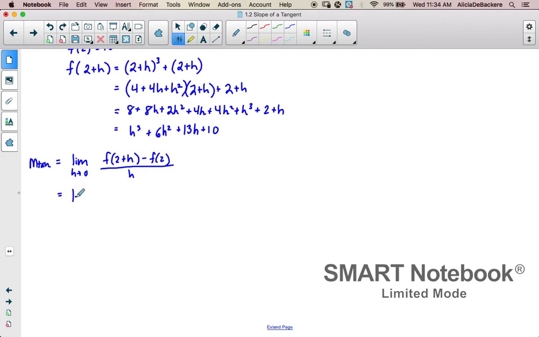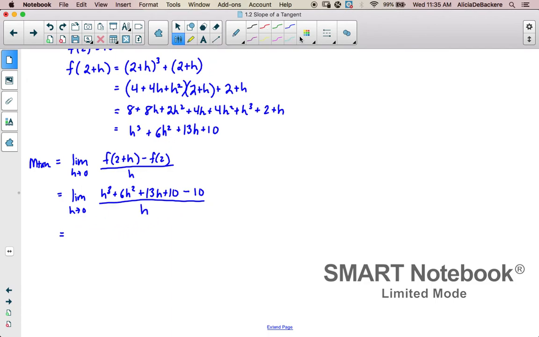All right, so again, I can't plug in h equal to 0 yet. I can't take the limit yet. So I'm going to substitute in all my expressions, and then I'm going to try and simplify.